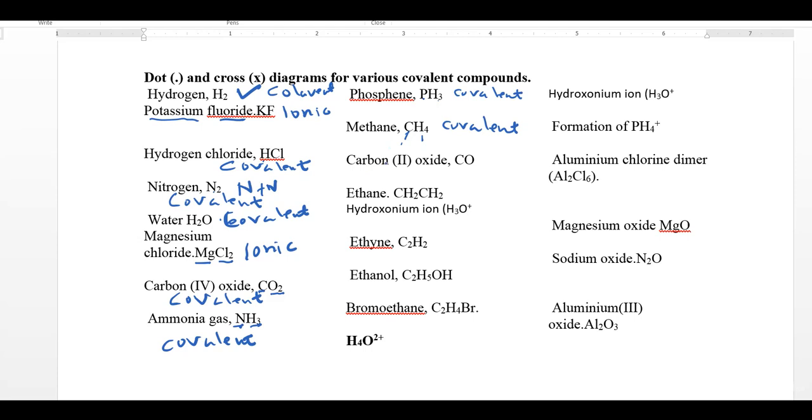Therefore, the final covalent bonding is dative. So carbon 2 oxide is the only difference from the others. Though this is a non-metal and this is a non-metal, it will not only go covalent, but it will finally finish with dative. Remember that carbon 2 oxide will undergo dative bonding, unlike carbon 4 oxide.